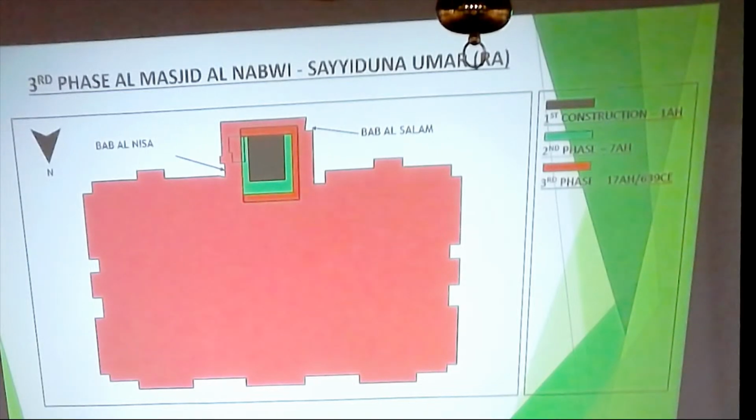And during that time, a lot of Muslims slowly were continuing to enter into Islam, and the population in Medina Munawwara, being the main capital of the Islamic world, considerably increased. And therefore the musalliyan and the Muslims, the locals, suggested to Sayyidina Umar radiallahu anhu that he extend the masjid and make it bigger so that it can accommodate the constantly growing congregation.